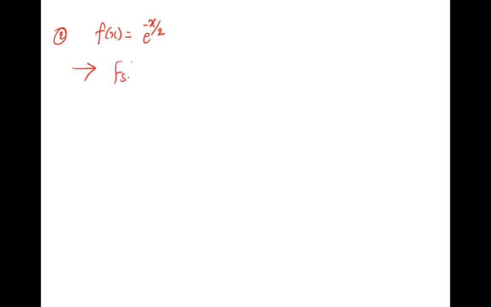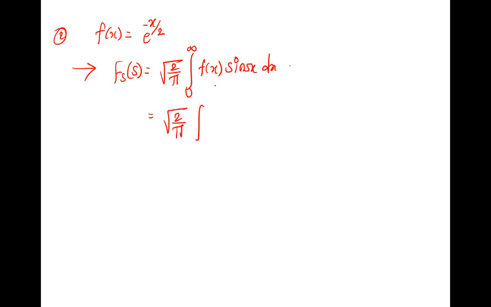F_s equals root 2 by pi, 0 to infinity, f of x sin sx dx. Okay, so it is root 2 by pi. What is the function? e raised to minus x by 2. Right. And what is the interval? 0 to infinity. Right. As it is not defined, so it is whatever is the original, 0 to infinity.